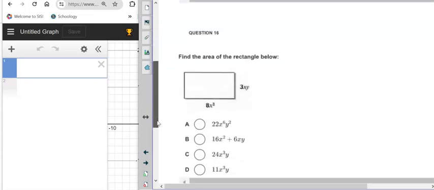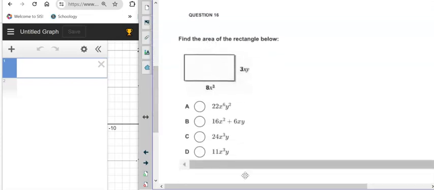Alright, so this one, it's asking you to find the area, right? To find the area, we're going to multiply these two, because it's base times height. Sorry, this thing keeps messing up.